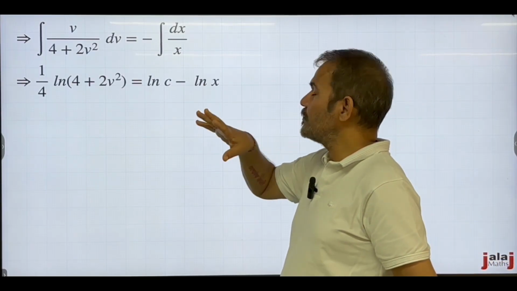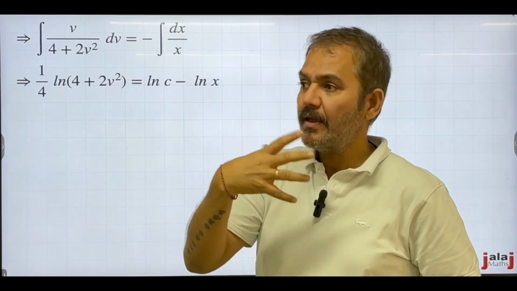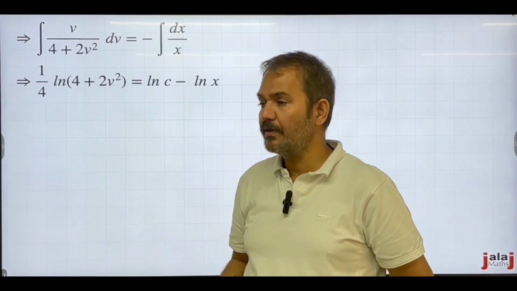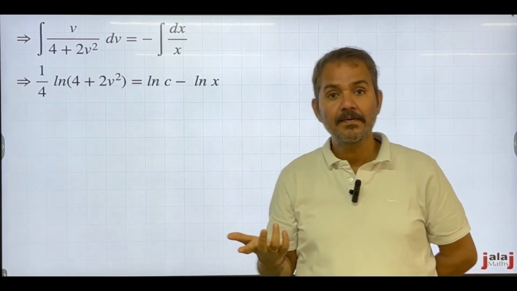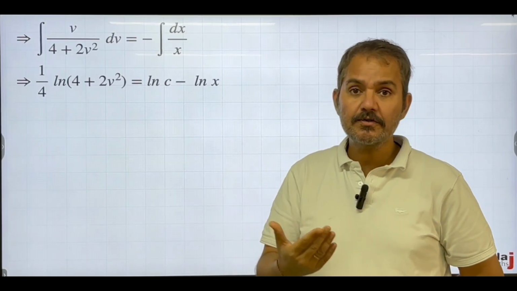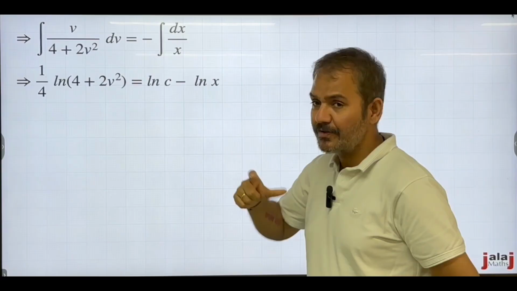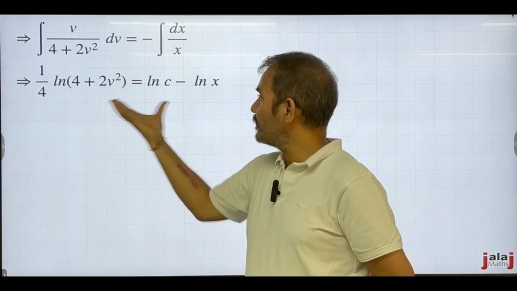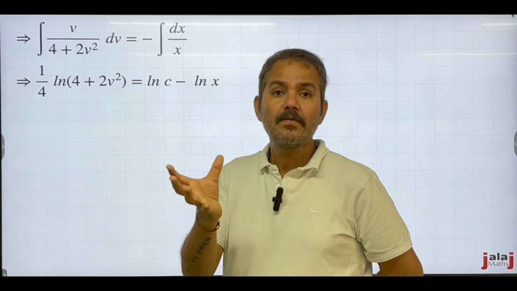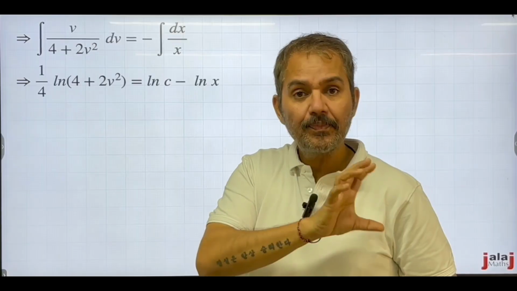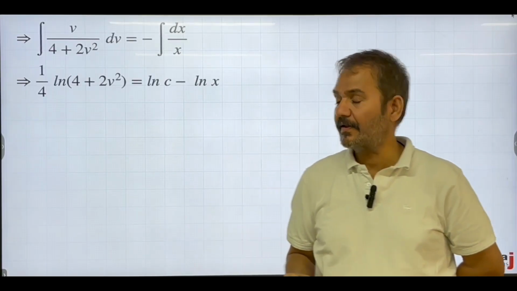Now you know, whenever we integrate, we put plus c. If each of your terms in your answer has a log, then if c is a constant, its log is also a constant. So instead of using c, you may use ln c, so that when we have ln everywhere, we can compare terms and get rid of ln.